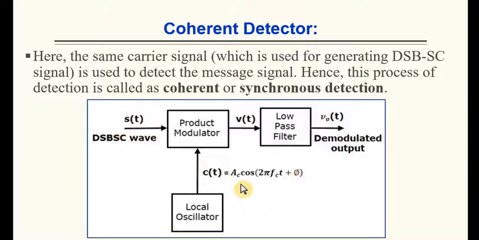So S of t will be multiplied by C of t, and the output of the product modulator is denoted by v of t, which then will be passed to the low pass filter. The output of the low pass filter should be the demodulated output, which is the message signal actually. Let us see mathematically how this can happen.